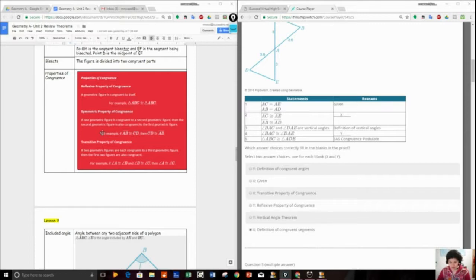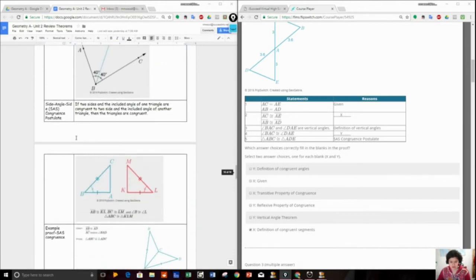Or it's the vertical angle theorem. So let's scan for vertical angles.